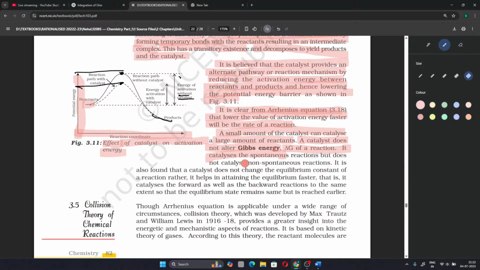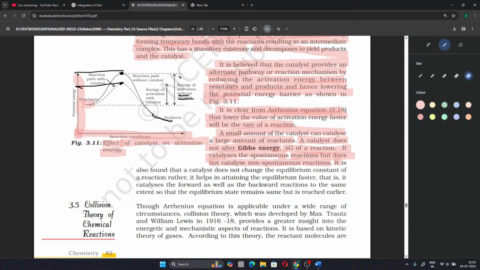It is not messing with the energy. It's just giving a different route. It catalyzes a spontaneous reaction but does not catalyze non-spontaneous reactions. It can only catalyze spontaneous reactions, but it cannot catalyze a non-spontaneous reaction.